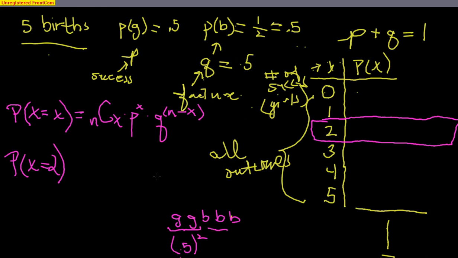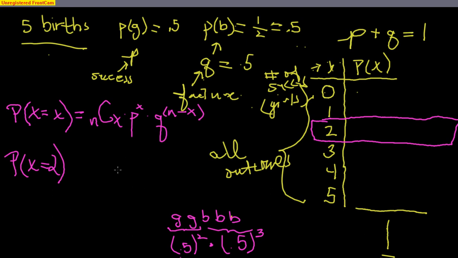And we've got 3 boys, which is also 0.5, and that's going to be cubed. We've got 0.5 times 0.5 times 0.5 times 0.5 times 0.5. Those are the probabilities of each thing, and we're multiplying them together because it's "and." We have to think of it like 5 events. But then the second part of this is that we have to consider all the different ways we can arrange this.